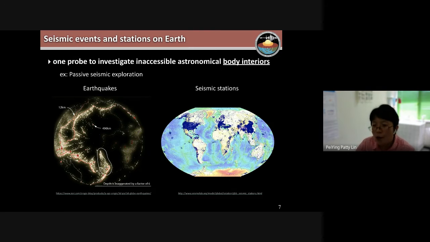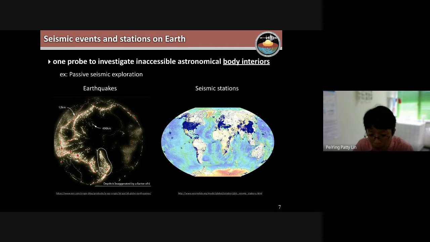So lucky us as seismologists: if there's an earthquake today, in my office we can hit a button and get thousands of seismic data from all these stations.